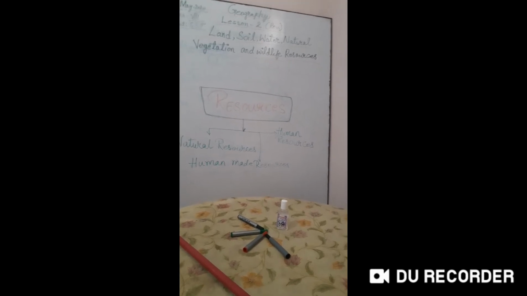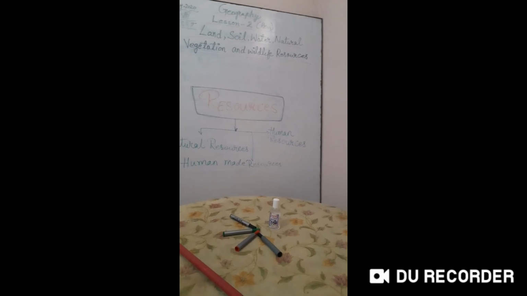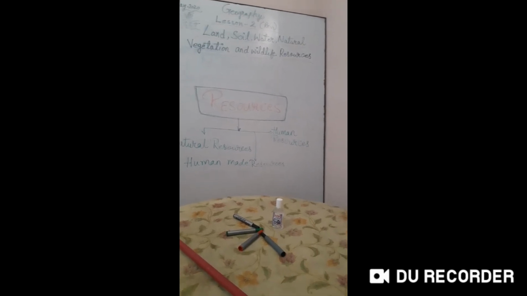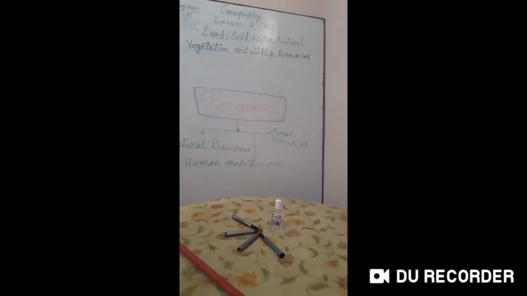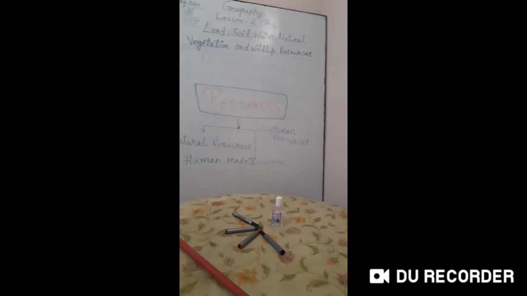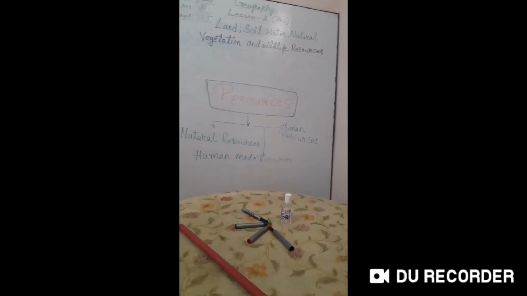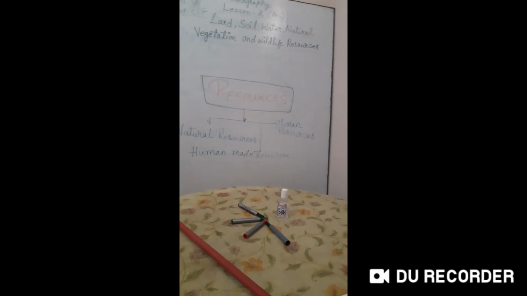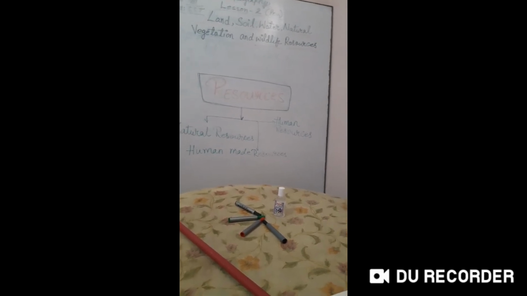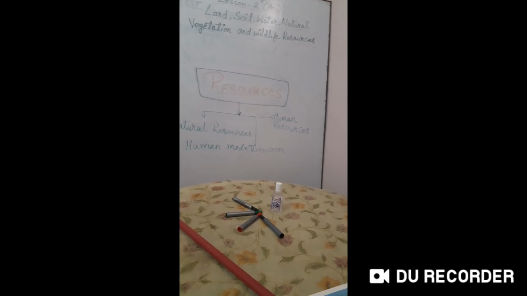Okay students, now let's discuss the different types of uses of land. The purpose and way in which land is used is called land use. Land use may be for agriculture, forestry, mining, building houses, roads, setting up of industries or various other purposes.